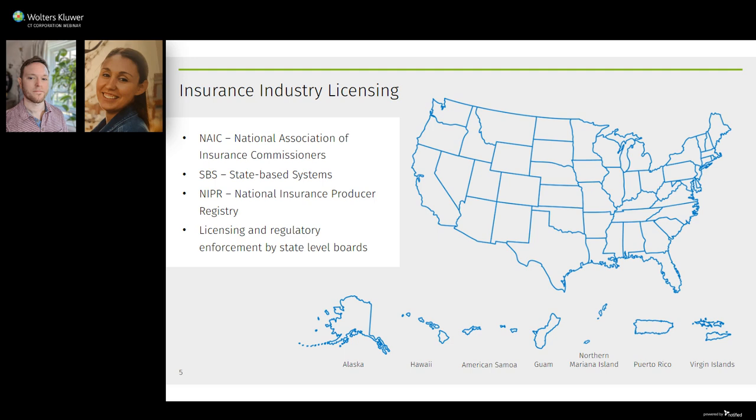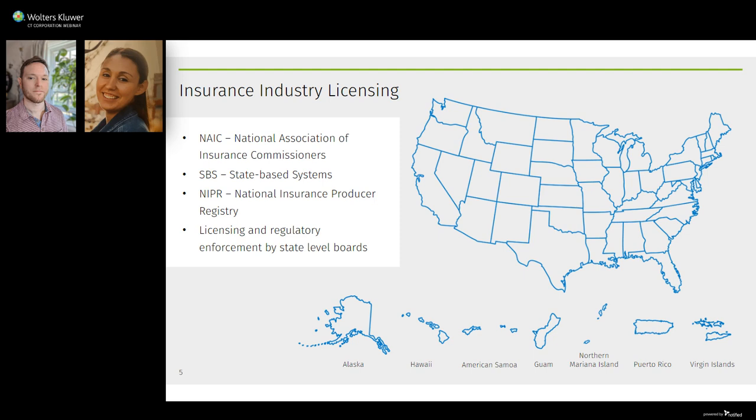Then you see SBS, that's state-based systems. And this could really be a bullet point under the NAIC umbrella because it's technically a part of NAIC. But state-based systems is essentially a collection of online tools designed by a team at NAIC for insurance licensees and regulators to use. So SBS has things like a license manager, where businesses and producers can keep track of their various licenses and registrations.